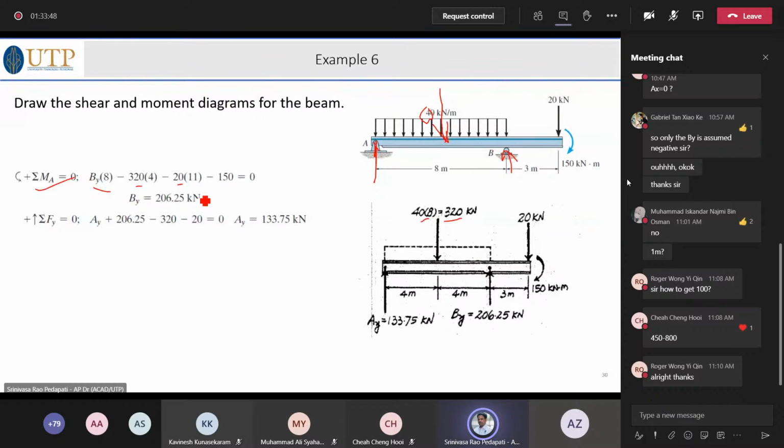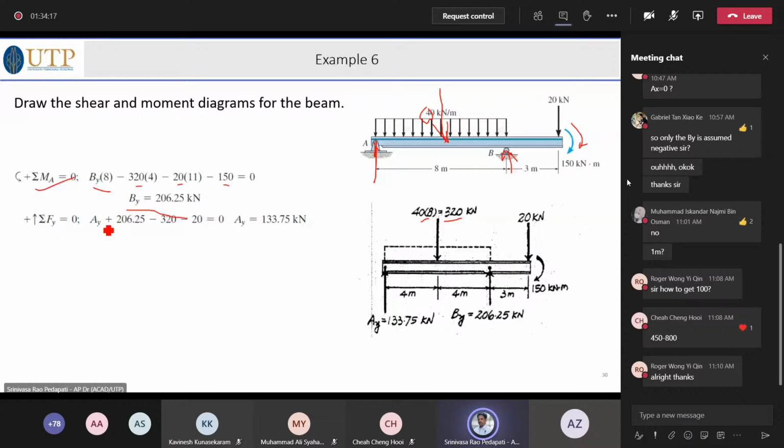So that is equal to, that gives you, and 150 kilonewton meter is acting at the end of the beam. So it is having all kinds of load: one point load, one distributed load, and one moment load. So you get By, which is 206 in this case.